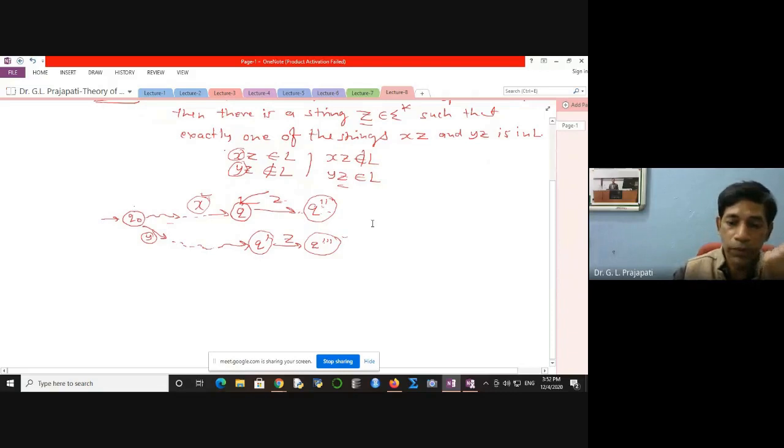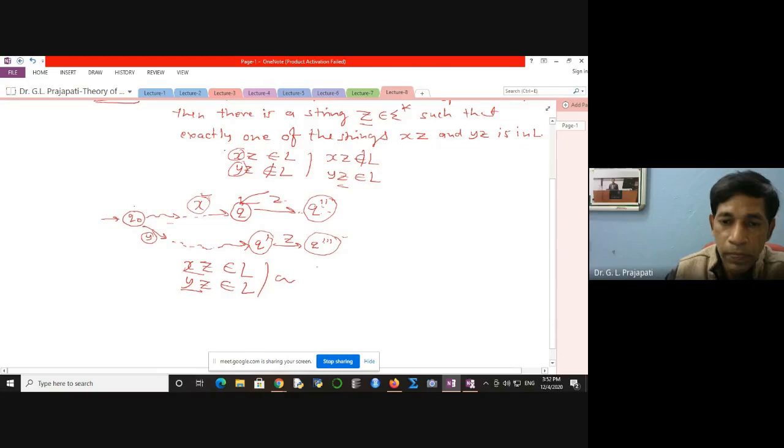So if you have two strings x and y from the sigma star, and you can take some string z from the sigma star, and on concatenation of xz and yz, you have the condition xz is in L and yz is also in L, or xz is not in L and yz is not in L.